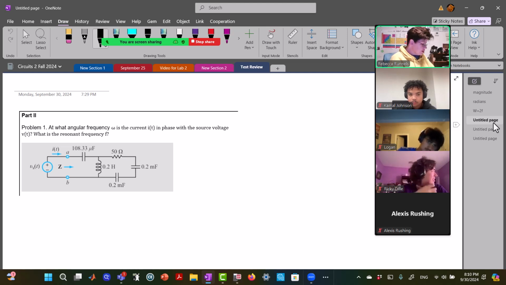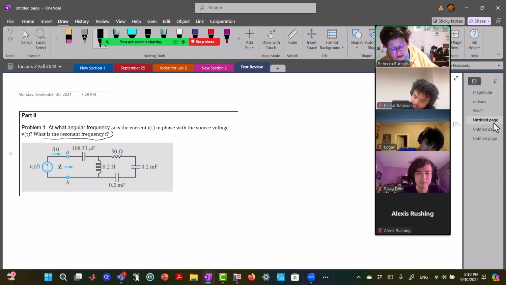I'm probably not going to work this one all the way out because there's just too much math, but we will work it part of the way out. Okay. So how do I find where the resonant frequency is?